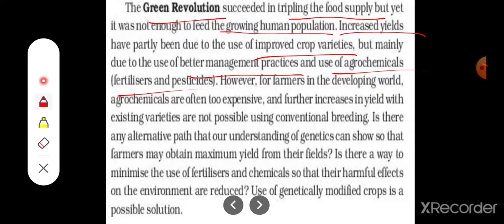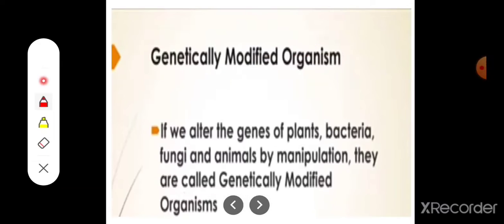Now, still there are farmers who use these chemicals, but we have genetically modified crops which have many uses compared to our normal crops. So let us see about the genetically modified organism. How do we call an organism a genetically modified organism?